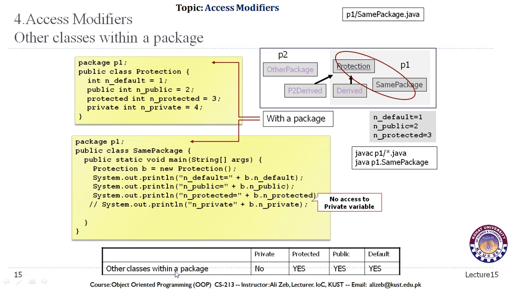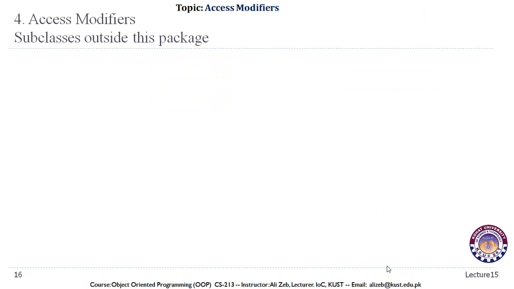If that class is a subclass of the superclass or has no relationship with the class, we will not be able to access the private variables. Similarly, the protected one can be accessed from outside of the class within the same package. The public one can be accessed from outside of the class within the same package, and the default variable can be accessed from outside of the class within the same package.